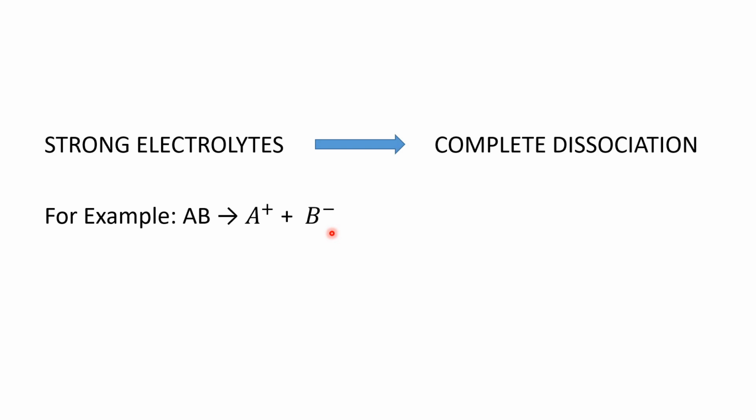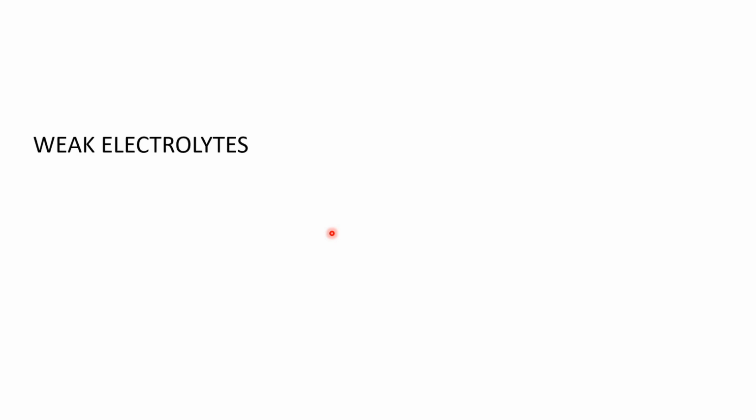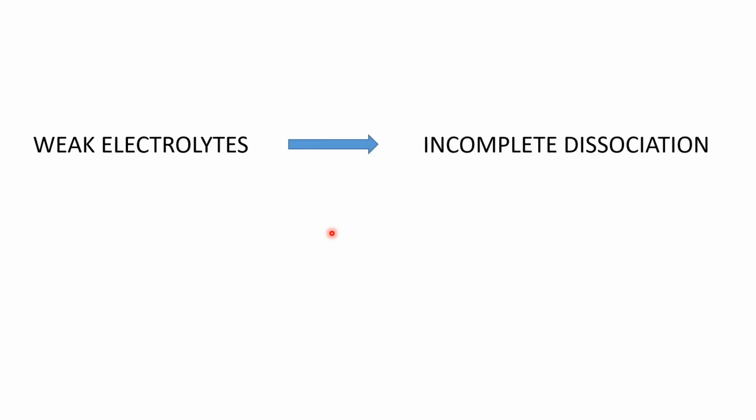To understand this more effectively, let's see the concept of weak electrolytes. Weak electrolytes are those species which dissociate incompletely. Let's see an example. Here, AB dissociates into A plus and B minus. But here you can also see the reversible sign in the reaction.